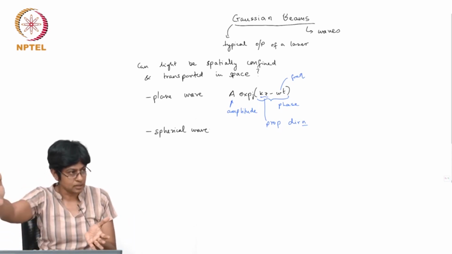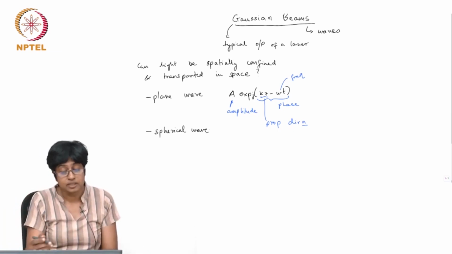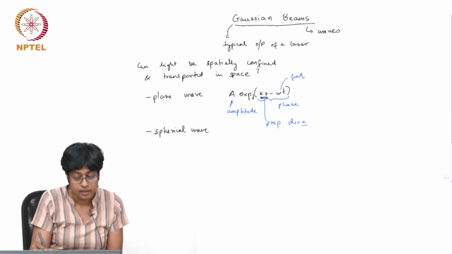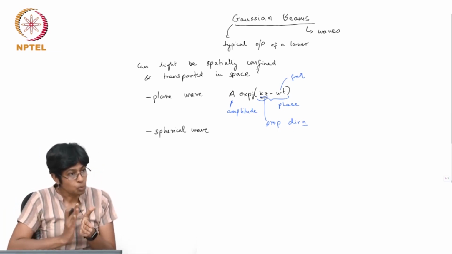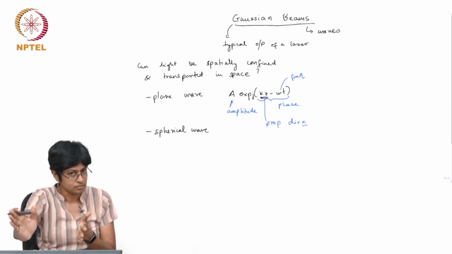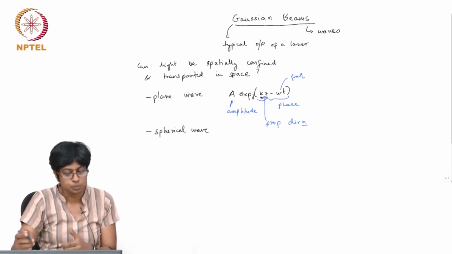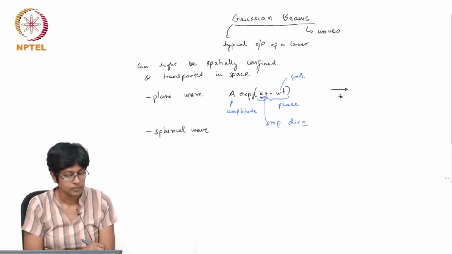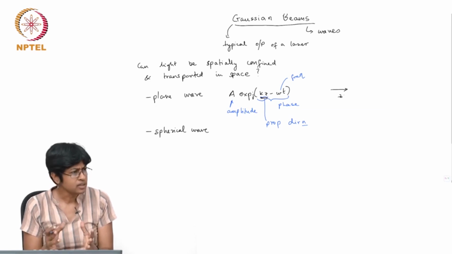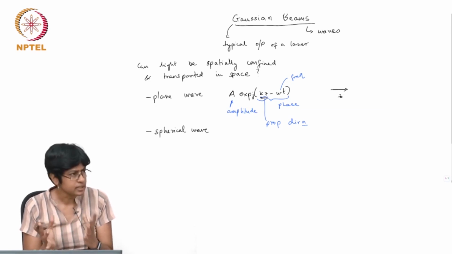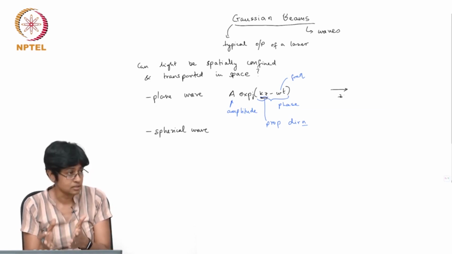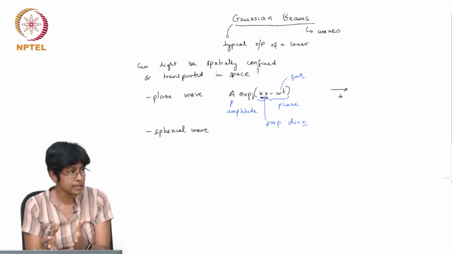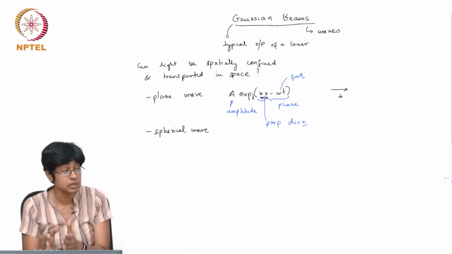As it propagates, you can see from this equation, it's propagating in one direction, in the z direction, but it's not a practical wave. I can never realize this wave in a lab. When I say this wave, I mean what is expressed by this equation.